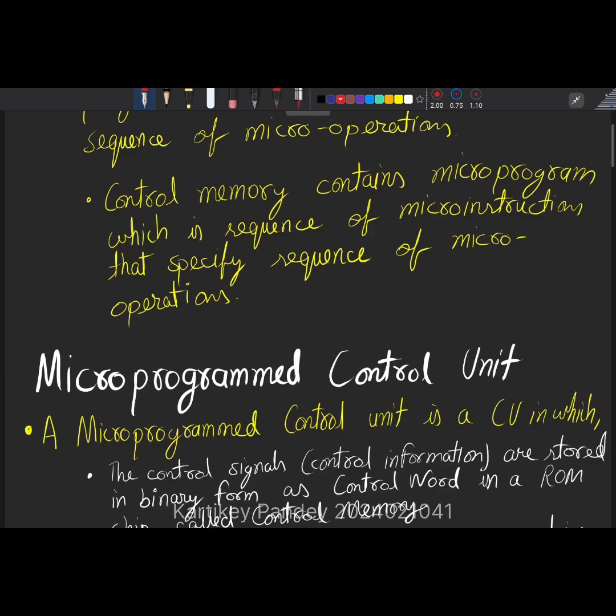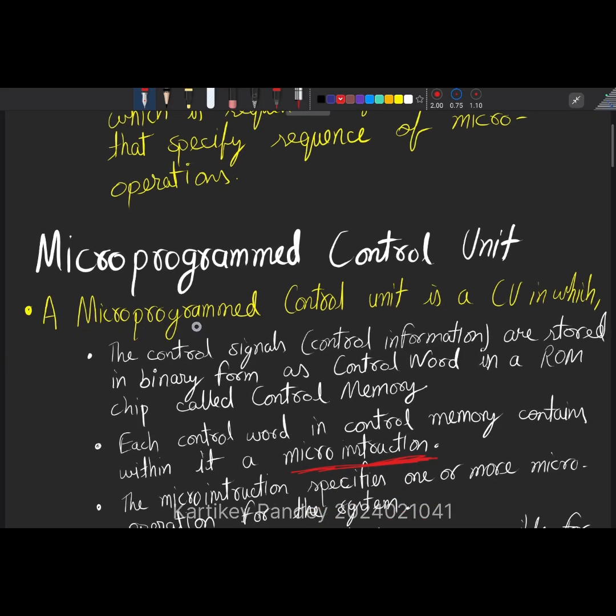Let's dive deeper into the microprogram control unit. A microprogram control unit is a control unit in which the control signals, that is control information, are stored in binary form, that is 0 and 1, as a control word in a ROM chip called control memory.